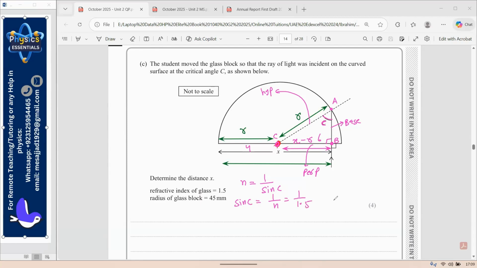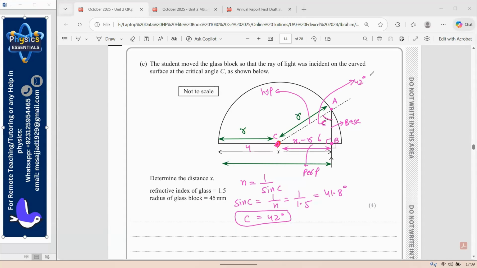And if I do the calculations for the critical angle here, this is going to be 41.8, yes. And again, you can see that the angle was in two significant figures, so I'll write the critical angle as 42 degrees. Okay, the critical angle here is 42, which I'm going to put in here. This is 42 degrees.